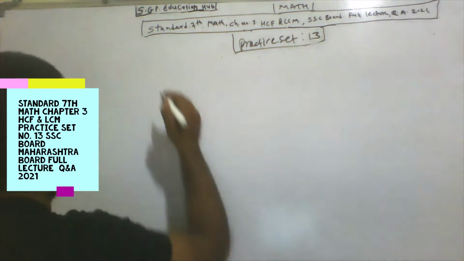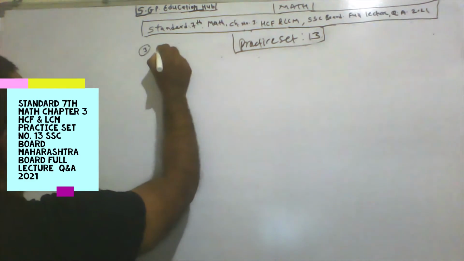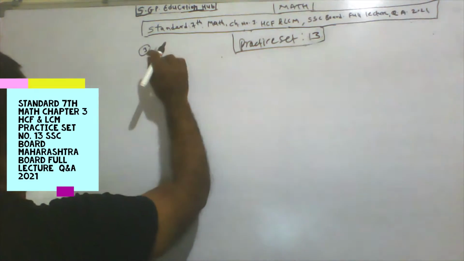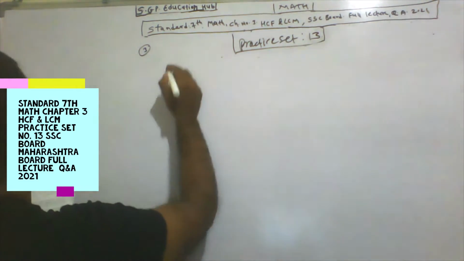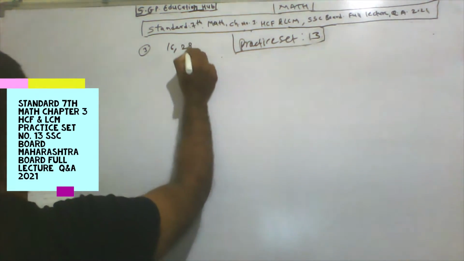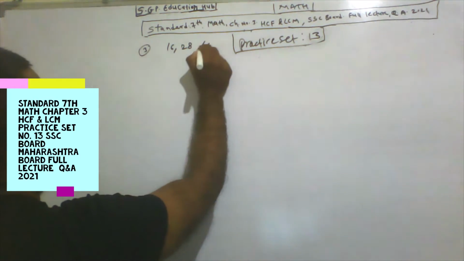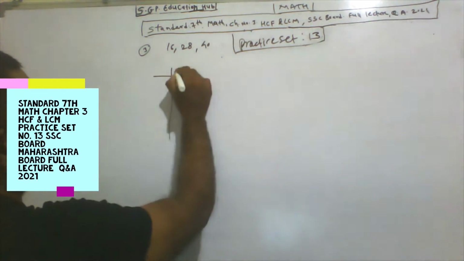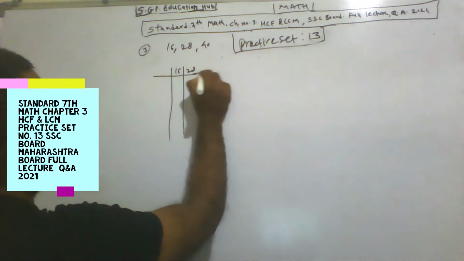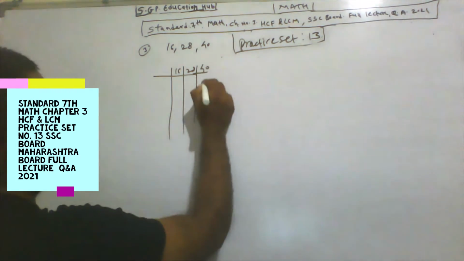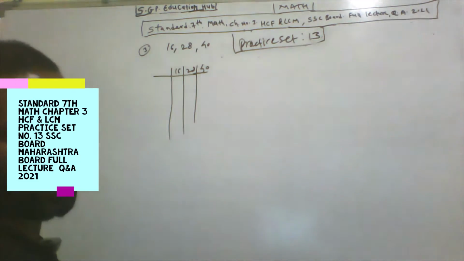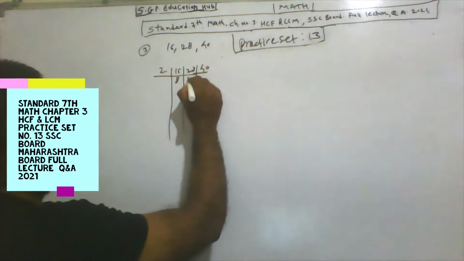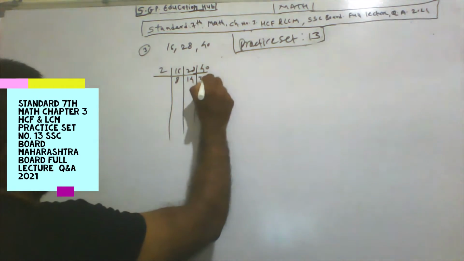Now for the third example we are going to take three numbers: 16, 28 and 40, with the vertical method, because I think that is the simplest method. All three numbers are even, so divide by 2: 8, 14 and 20.